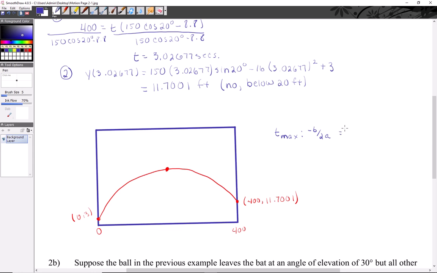All right, and so that'll be negative 150 sine 20 degrees, over negative 32. And that'll give us the time halfway through the flight. That's 1.6032 seconds.